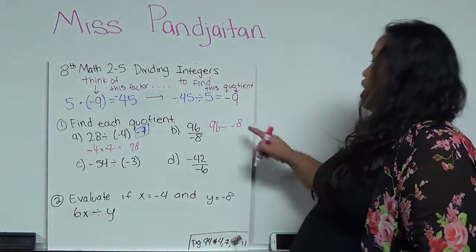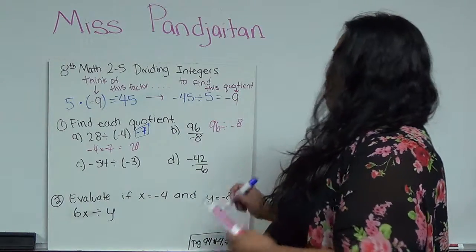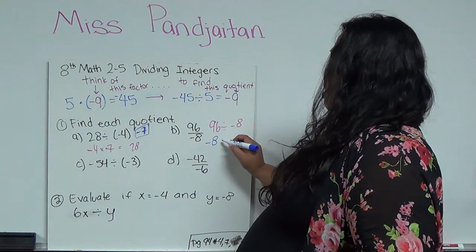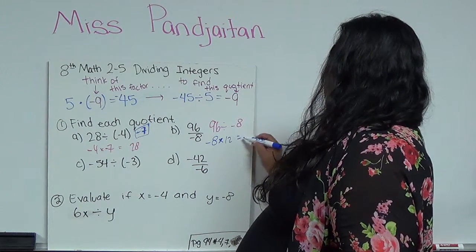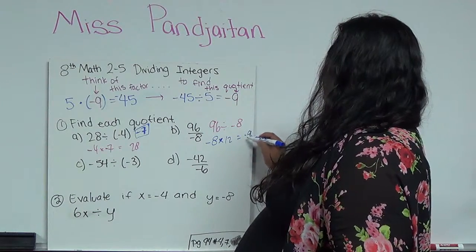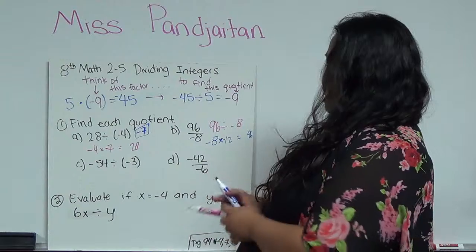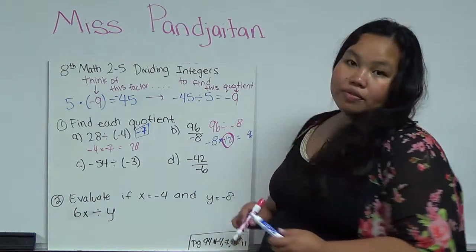So what negative 8 times what equals 96? Well, this is the same issue as this. I have negative 8 times 12 gives me negative 96. So I have to make this a negative in order to make this a positive. So these negatives cancel out. So my answer is negative 12.